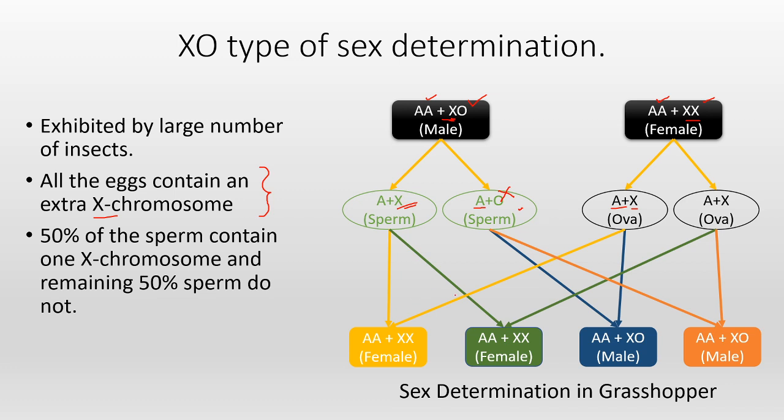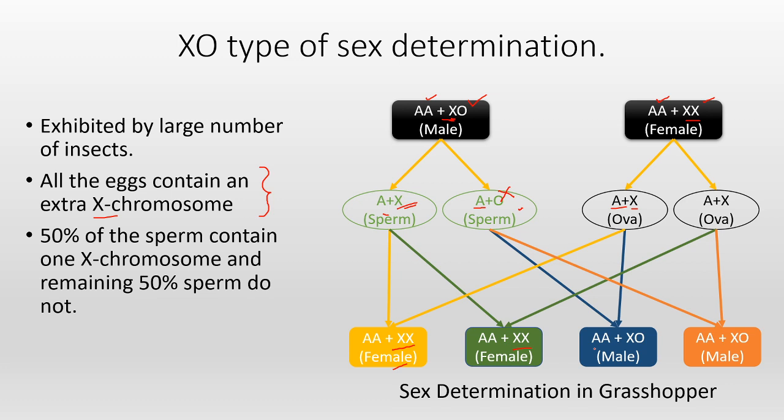And you understand by this process that when the sperm with AX configuration fuses with the ova containing AX, you get XX, that is going to be female. Similarly, when the other sperm with AX fuses, again there is a female.